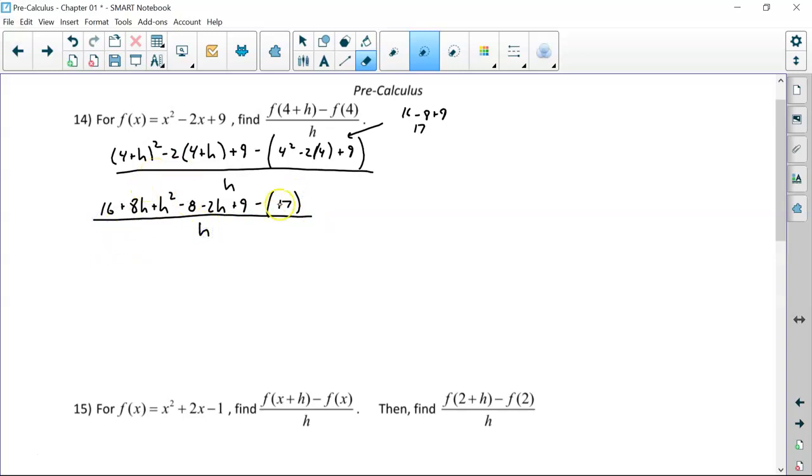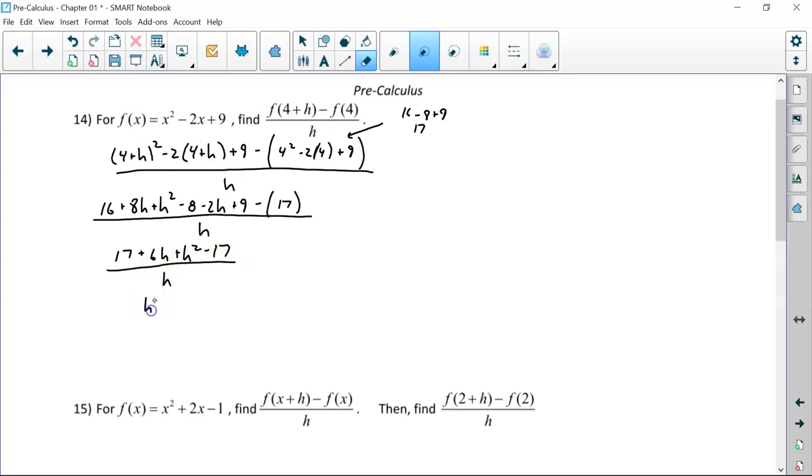So we can start combining a little bit. 16 minus 8 is 8, plus 9 is 17. So it's 17 plus 6h plus h squared minus 17 over h.